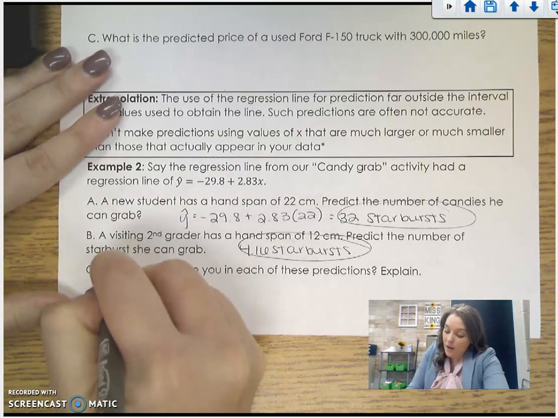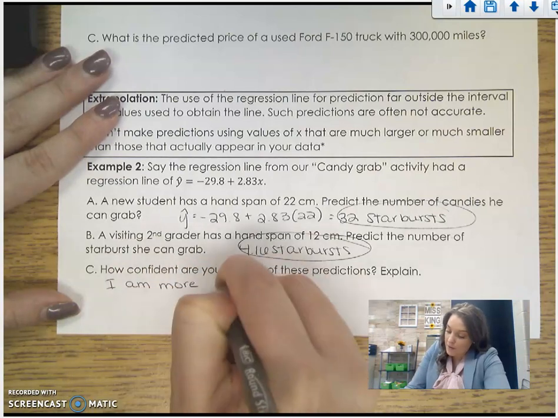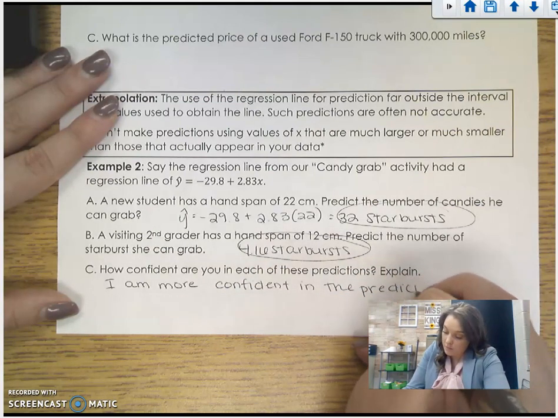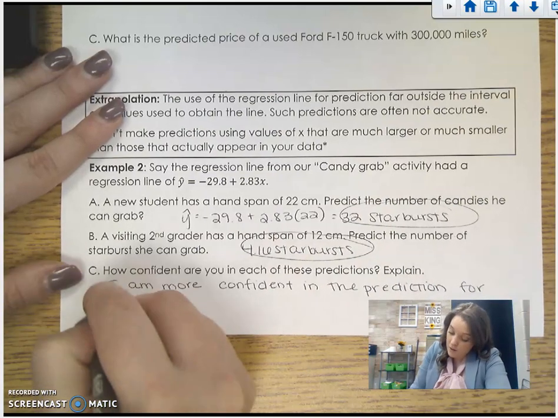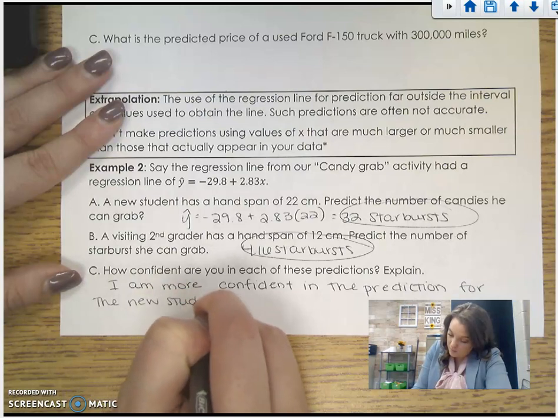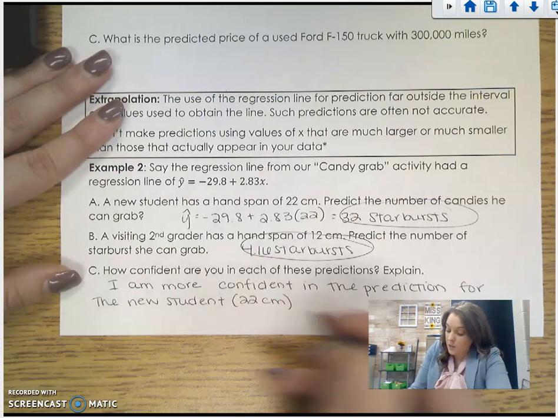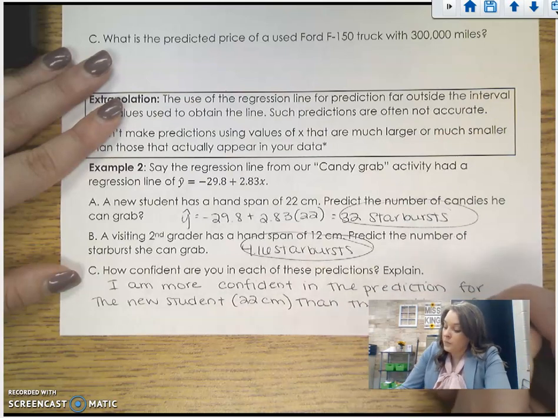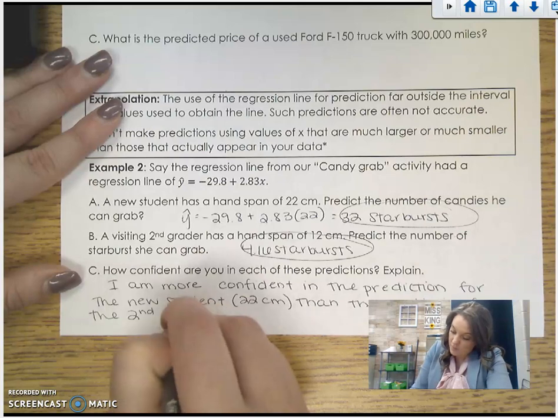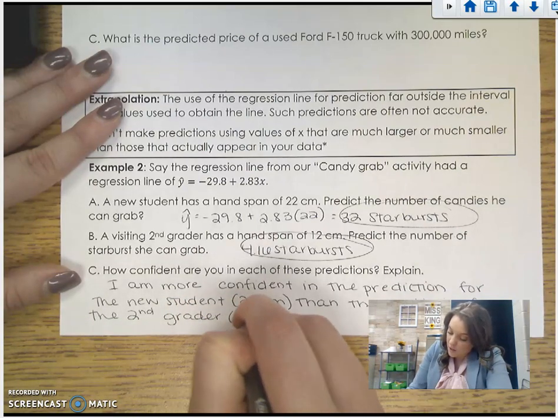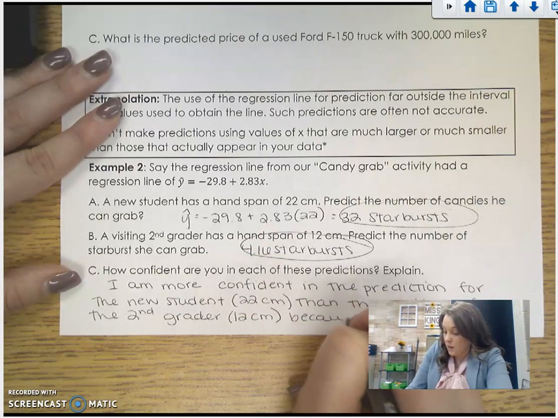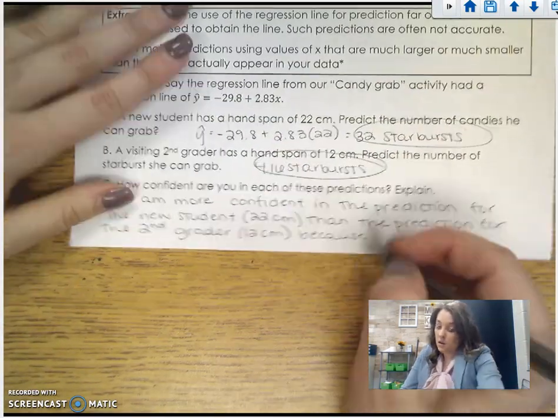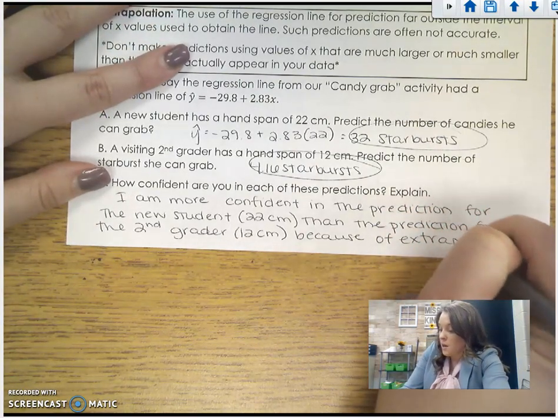I'm going to say that I am more confident in the prediction for the new student, who has a hand span of 22 centimeters, than the prediction for the second grader, who had a hand span of 12 centimeters, because of extrapolation.